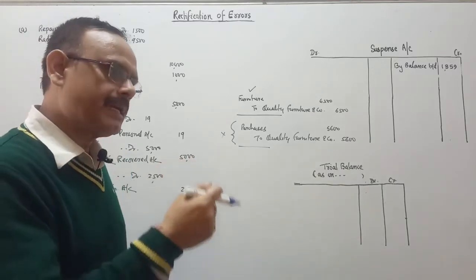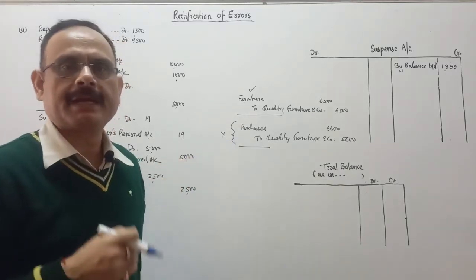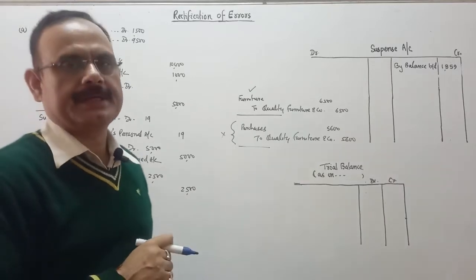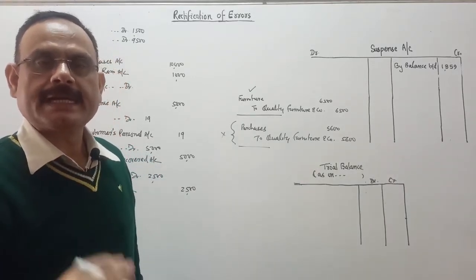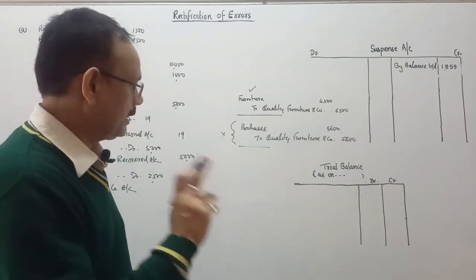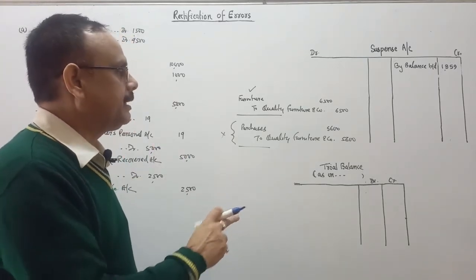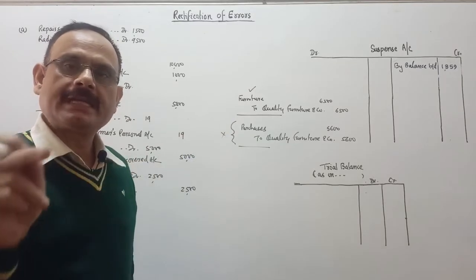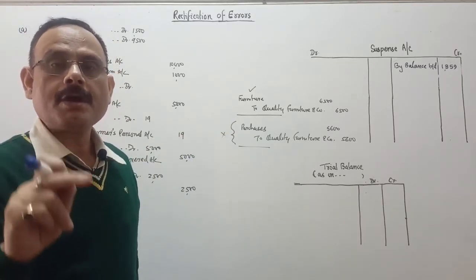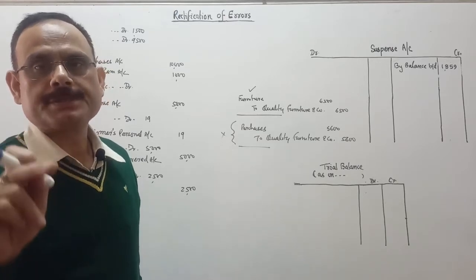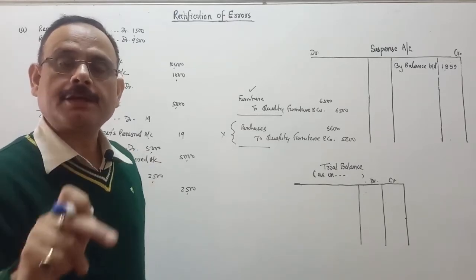That's why which type of error has the accountant committed? Error of principle. Second error he has committed, writing the wrong amount in the subsidiary books. So this is the error of commission.